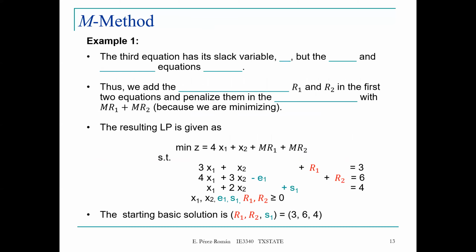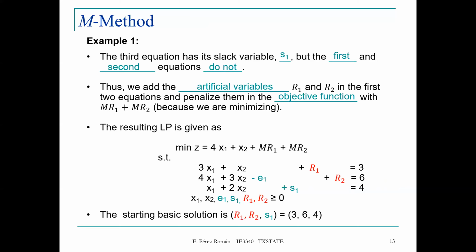The third equation has its slack variable, S1, but the first and second equations do not. Thus, we add the artificial variables R1 and R2 in the first two equations and penalize them in the objective function with MR1 plus MR2 because we are minimizing.